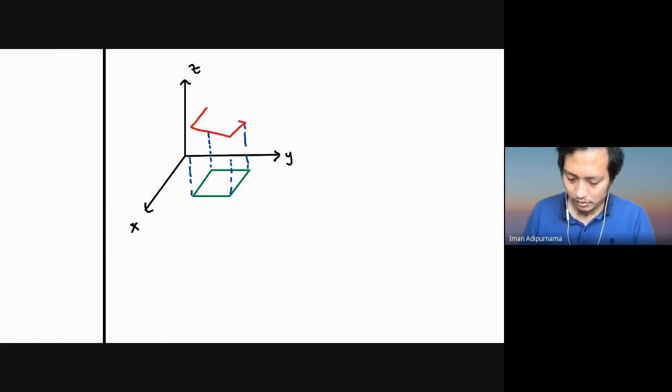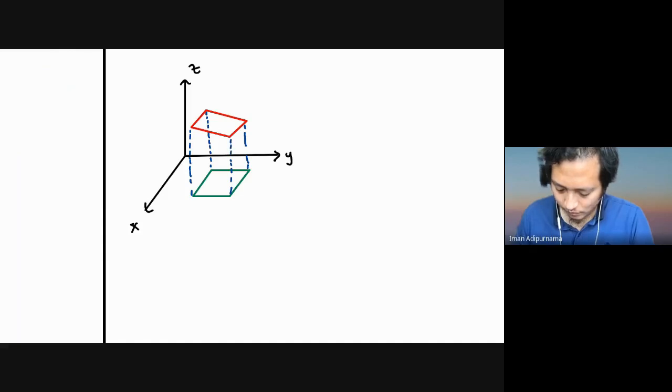Okay, this is the tangent plane. So this is the delta T.